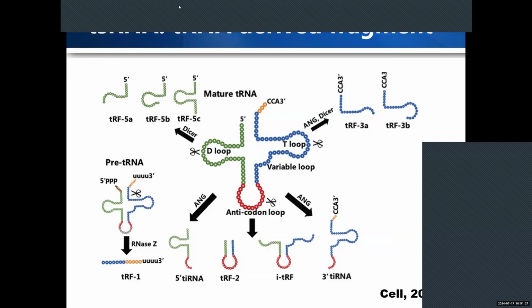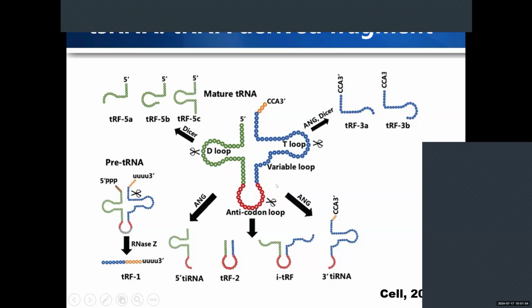Finally, I'm going to spend a few minutes talking about another work, about tRNA fragments. We know tRNA is really critical for protein translation, but many recent studies show tRNA can be cleaved by many different enzymes to become tRNA fragments.